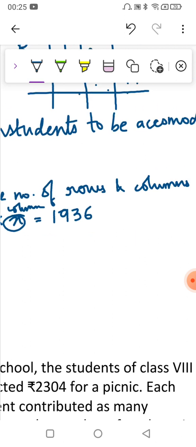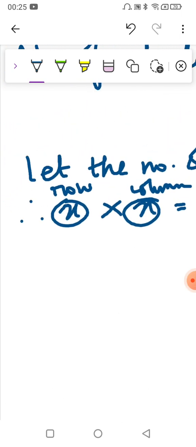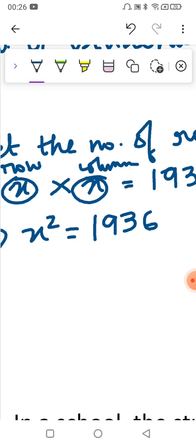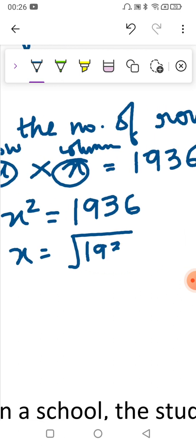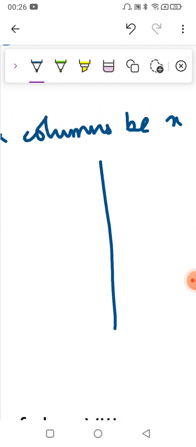Now we are going to find the square root of 1936 because x into x will be x square is equal to 1936. So therefore x will be square root of 1936. So let's find it out.